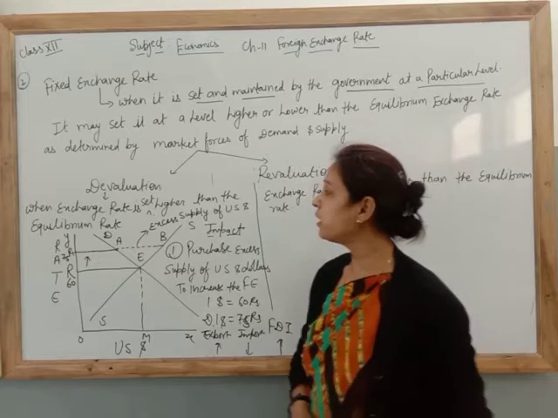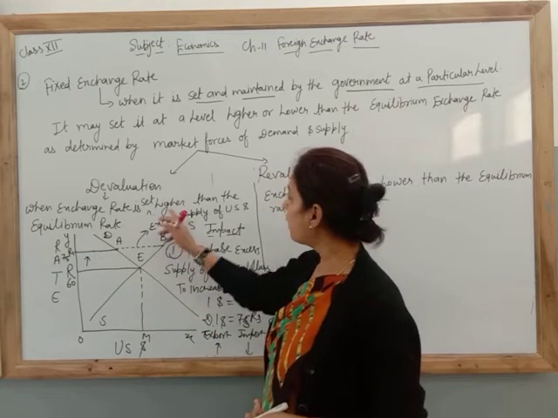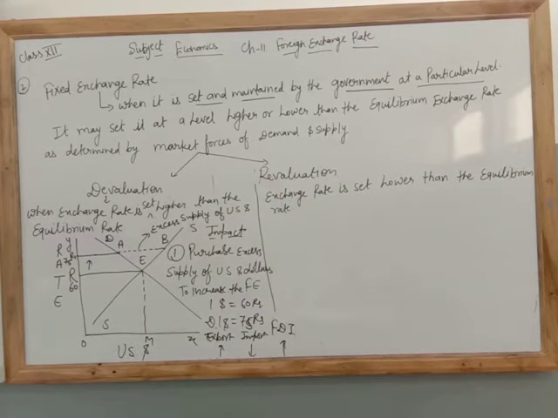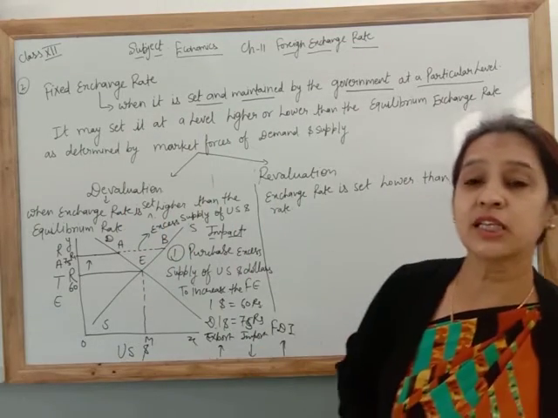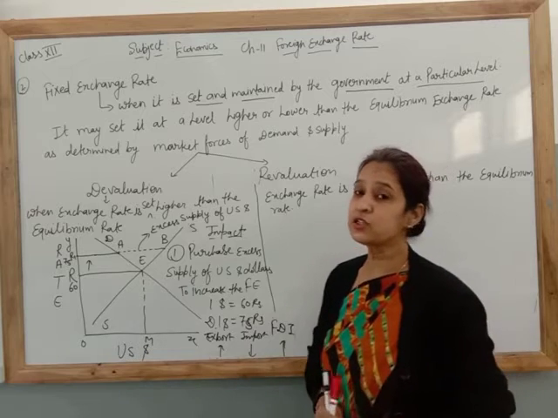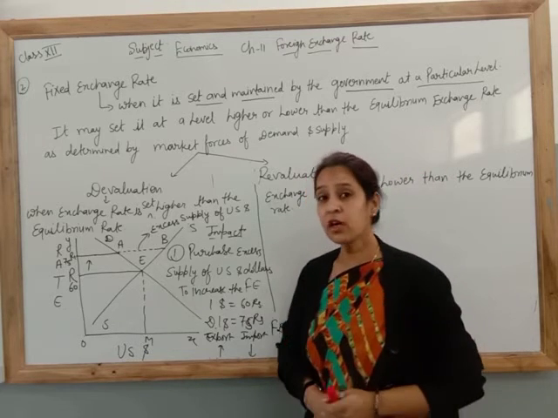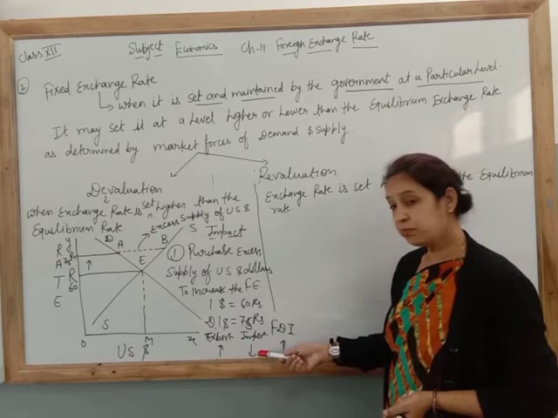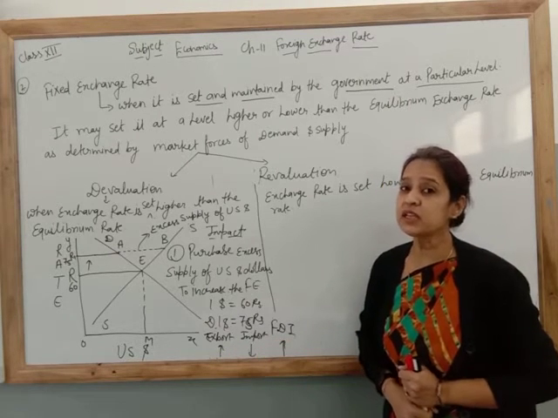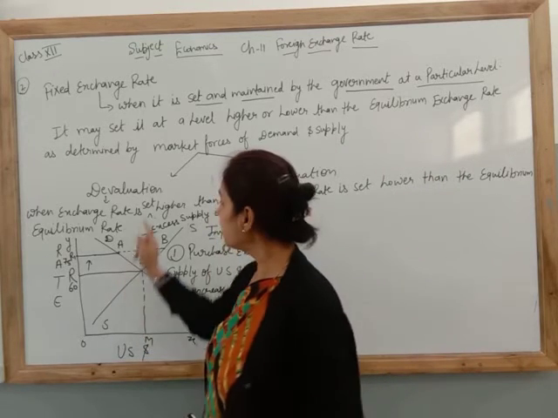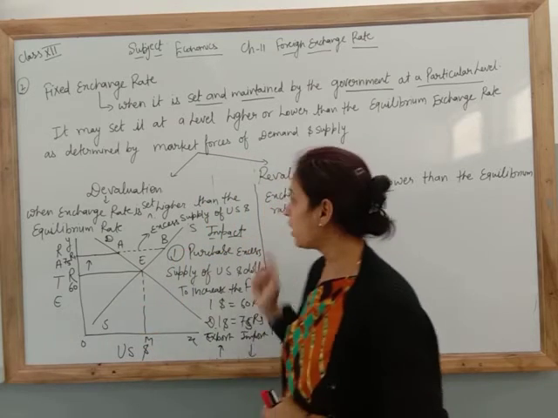It means the government sets a higher rate than the equilibrium rate, because the government wants to purchase US dollars, or increase the foreign exchange with the RBI, or increase exports or decrease imports, and increase FDI. In that condition, the government intentionally devalues the domestic currency.